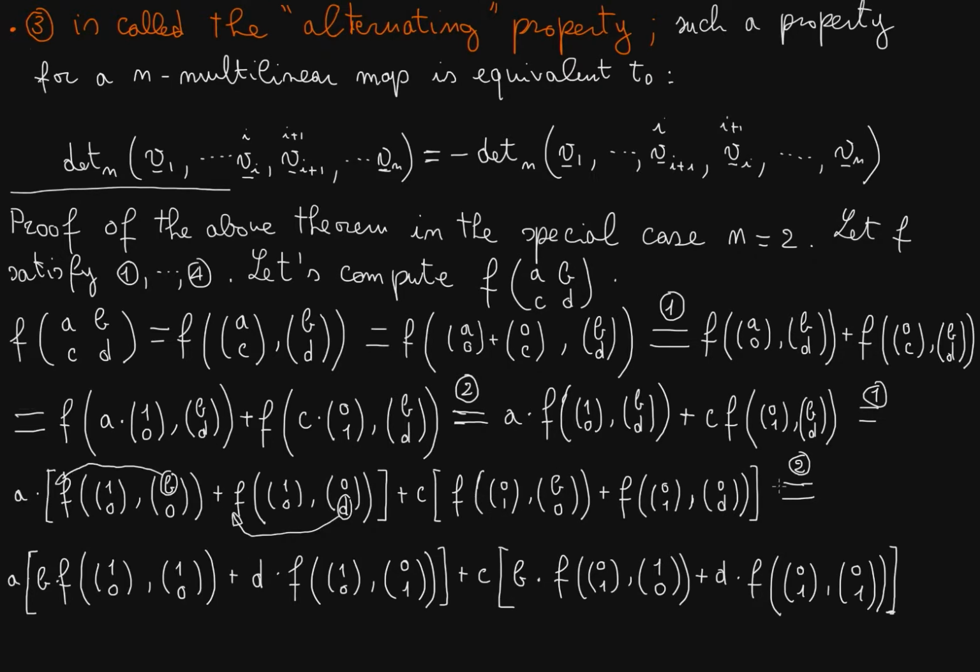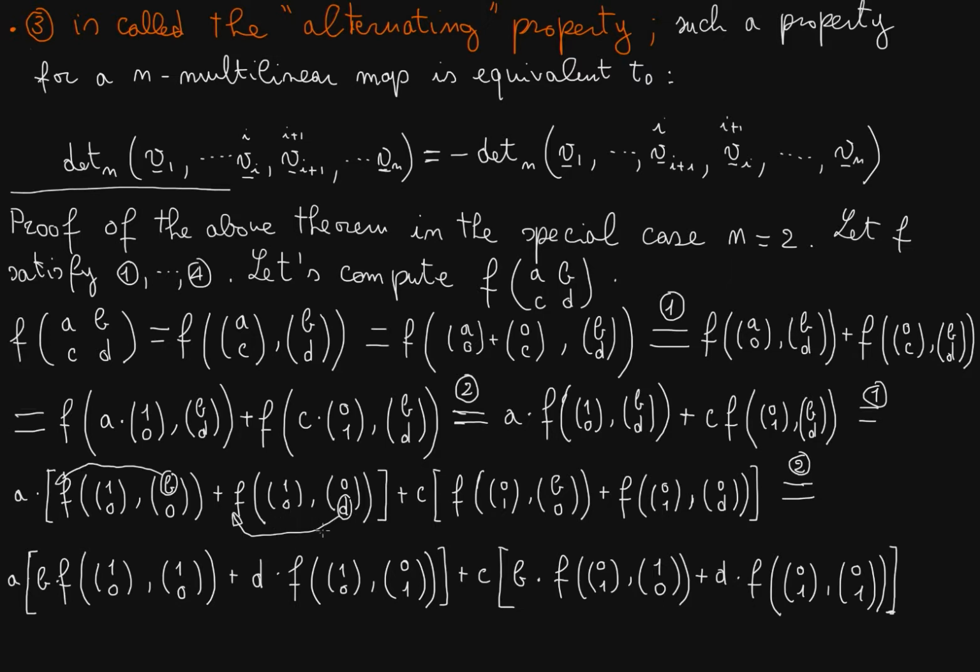So what do we get? Next step, we have equality. By property 2, we have A times, so we have two summands. The first summand is B times f of what remains, so (1, 0), comma (1, 0). B0 was B times (1, 0), so it remains (1, 0).